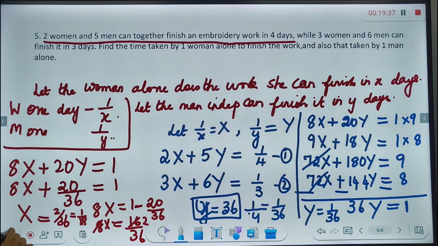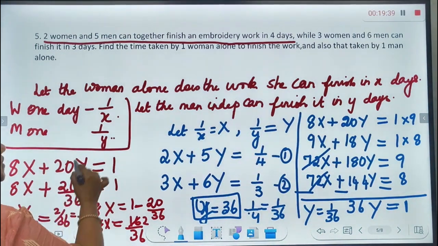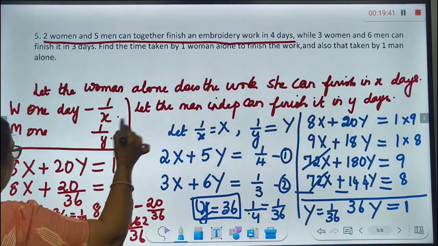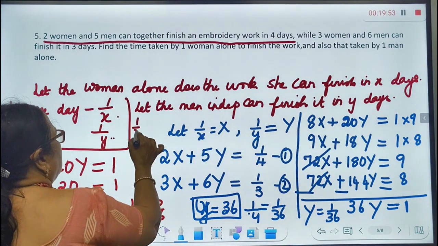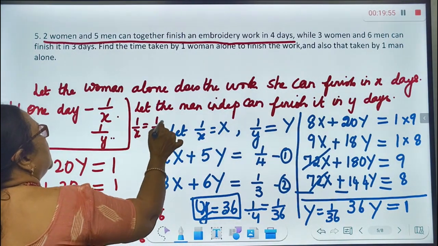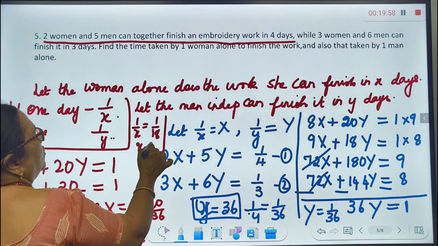So if the woman alone does the work, in one day she would have done how much work? 1 by 18. So she'll finish the work in 18 days, because capital X is what? 1 by x. So 1 by x is equal to 1 by 18, or x is equal to 18.